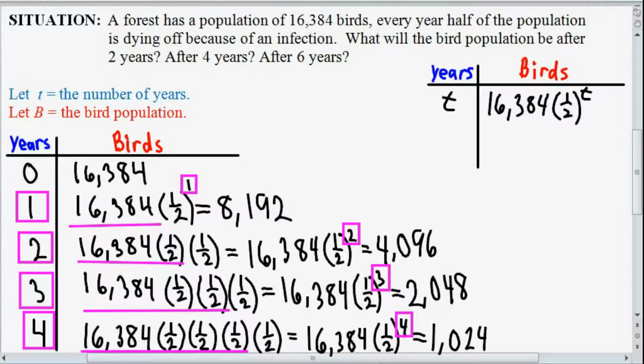We can now generalize this pattern as an exponential equation, which we can now define as b equals 16,384 times 1/2 to the t power. And this will represent the bird population.